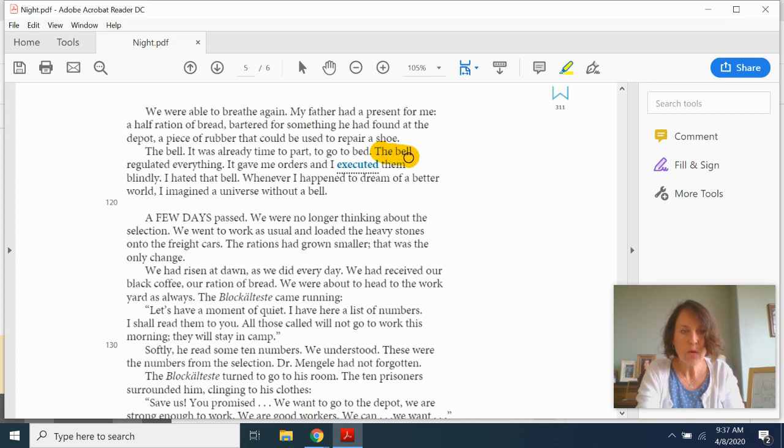But the bell regulated everything. Let's just start here. The bell. It was already time to part, to go to bed. The bell regulated everything. It gave me orders. I executed them blindly. I hated that bell. Whenever I happened to dream of a better world, I imagined a universe without a bell.